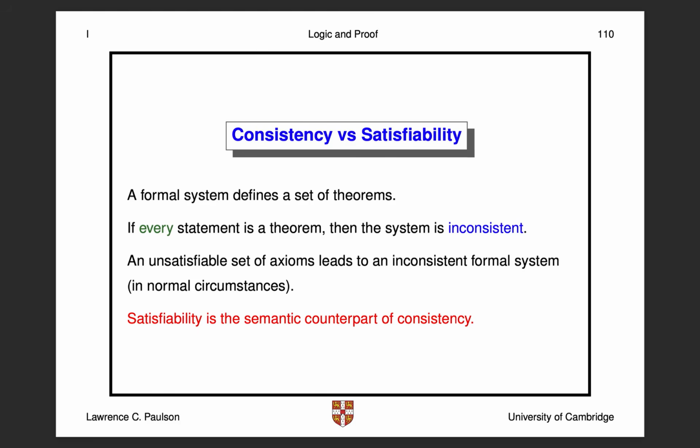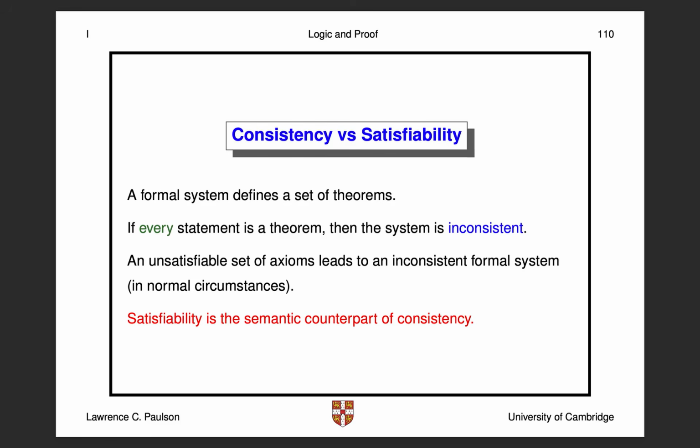Who in God's name would set up a formal system in which it declares every statement to be a theorem? And the answer is, nobody does it on purpose, but many, many people have done it by accident. So if it turns out that every statement of your language is a theorem of your formal calculus, then your formal calculus is inconsistent. And that is a shame, and you need to go away and fix it.